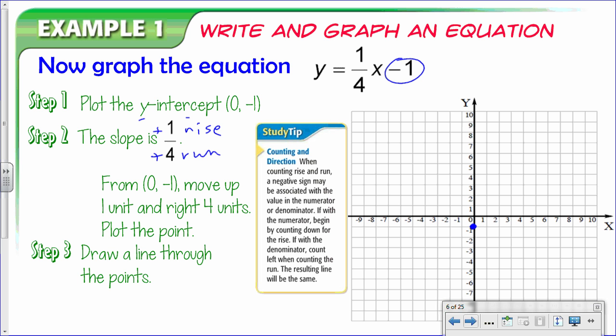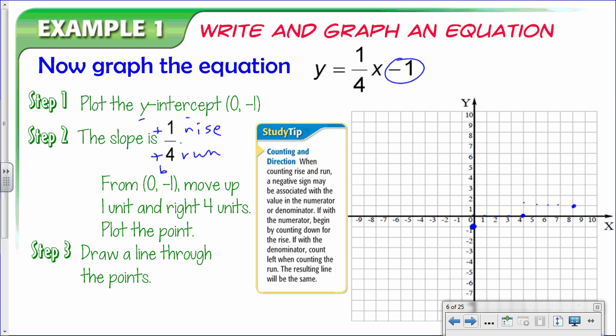Okay, so from 0, -1, which is the b, I'm going to move up 1 unit, and then right, how many? 1, 2, 3, 4. Can I keep going? Watch this. Can I go from this point? Got my slope? Up 1, 1, 2, 3, 4.